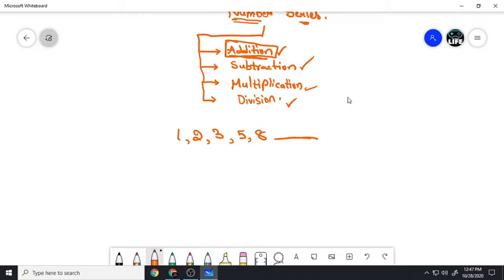So this is how you can simply understand the sums, and I'll give you another sum. 2, 4, 6, 8, 10, 12, 14. What is the next one? So as you can observe, 2 is the difference.